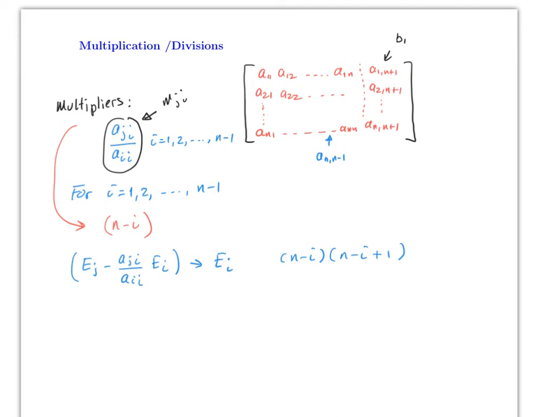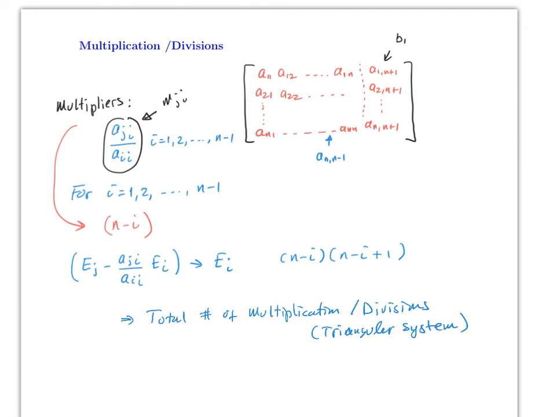Therefore, this implies that the total number of multiplications and divisions to get a triangular system, remember, this is not the whole problem, just a triangular system, is going to be n minus i, because these are the multipliers you need, plus n minus i times n minus i plus 1, which are the operations required to change everything in here.